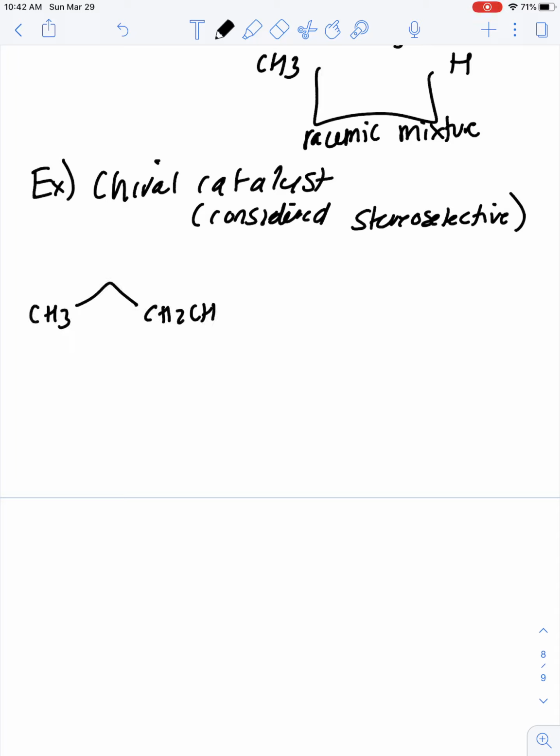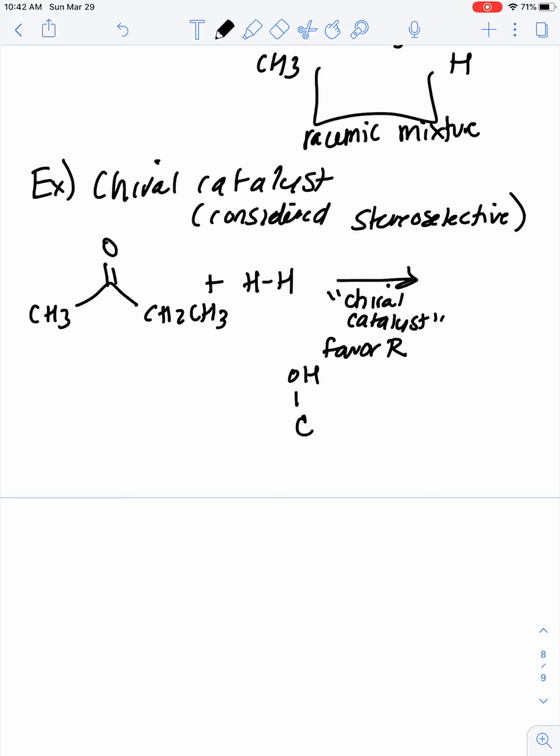So if we have something that looks like this, we react it with, again, hydrogen. So what we can do here is you can pick the catalyst that you want. So if we choose a chiral catalyst that is going to favor R, that means that our major product here would be the R configuration.